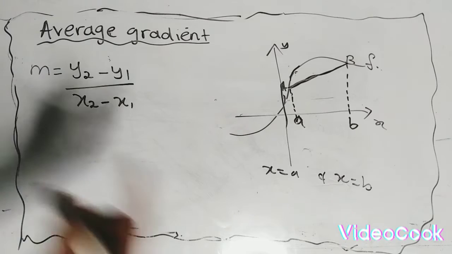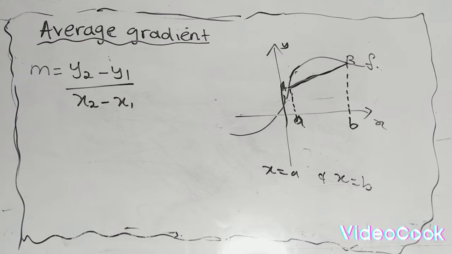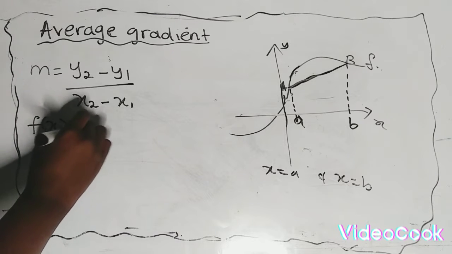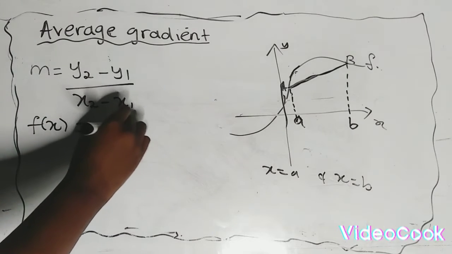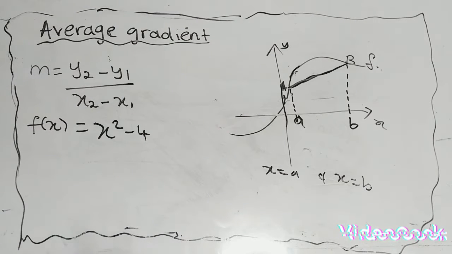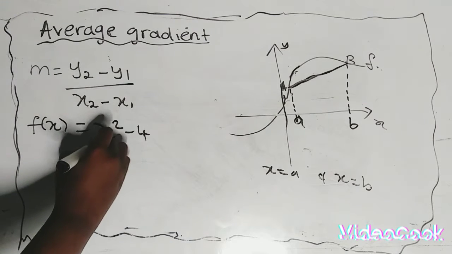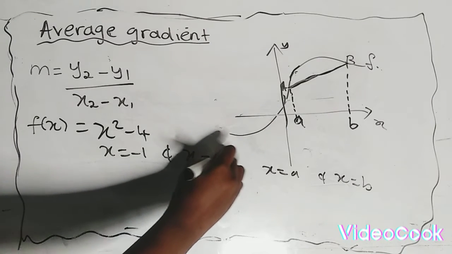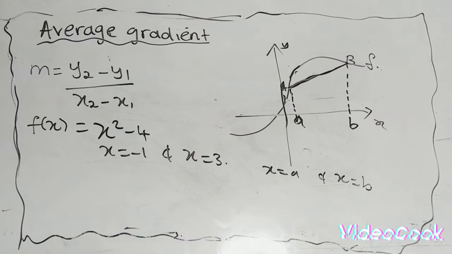Applying this on an actual function, f of x is equal to x squared minus 4, and we are told to calculate the gradient from x is equal to minus 1 to x is equal to 3. The first step is to find the y values.